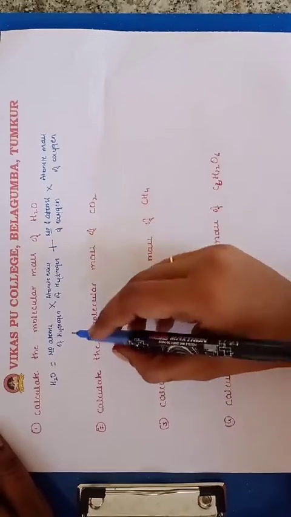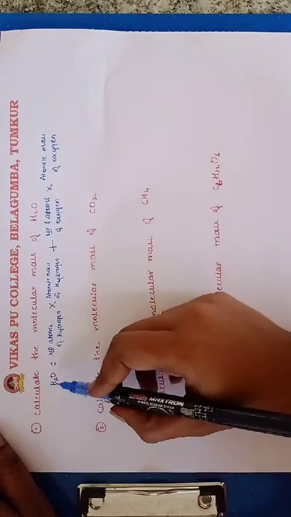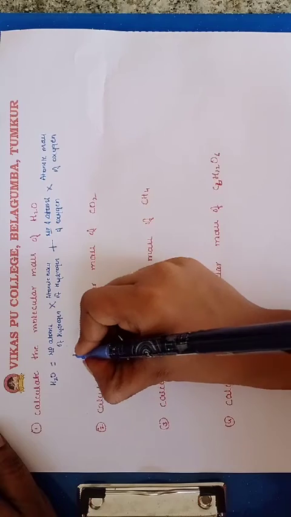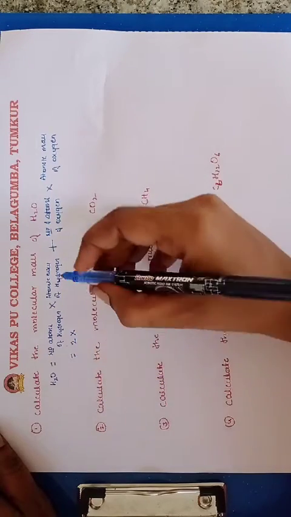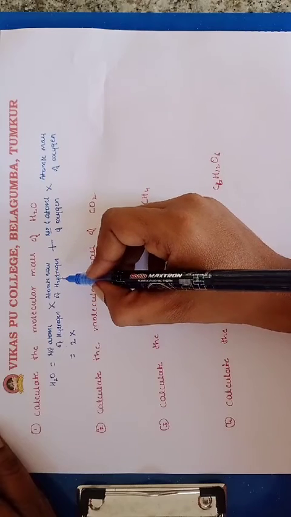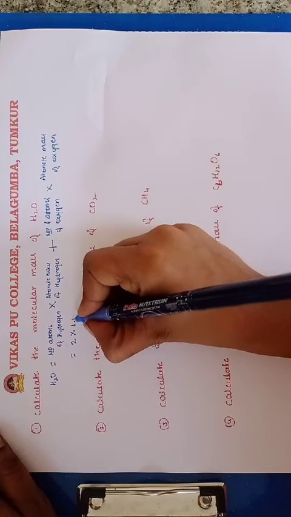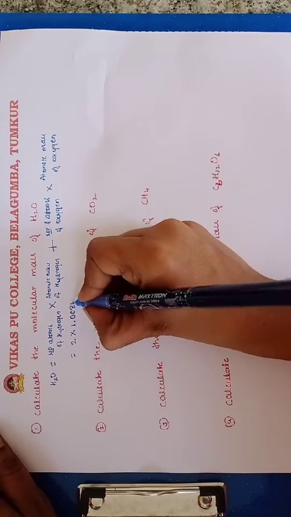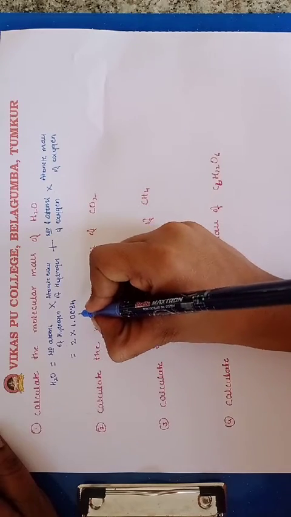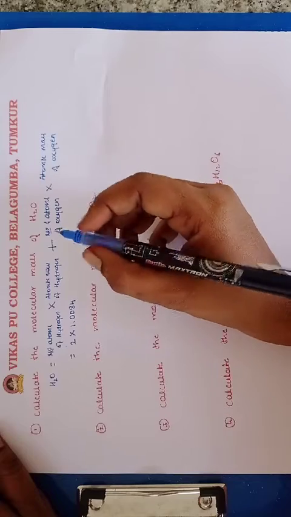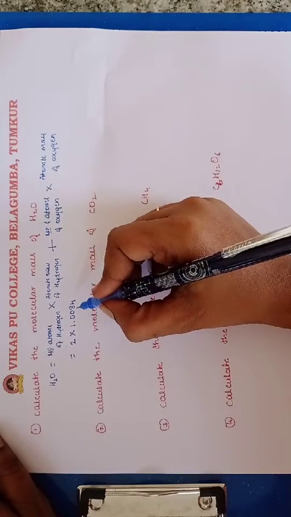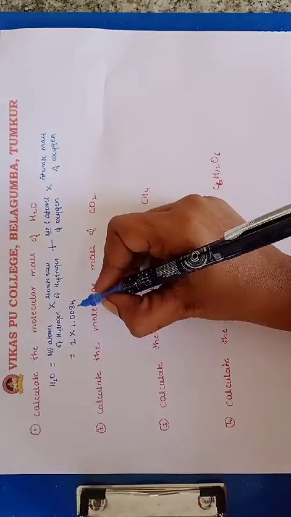This is the formula we use to find the molecular mass of H2O, water. The number of atoms of hydrogen here is 2. Therefore, 2 into the atomic mass of hydrogen, which is 1.0084. This has to be remembered, these are familiar elements.